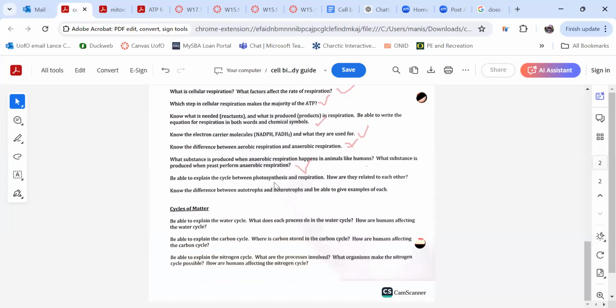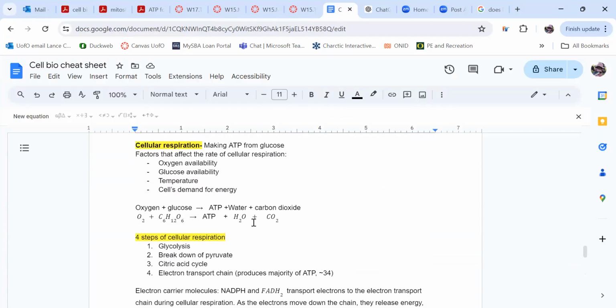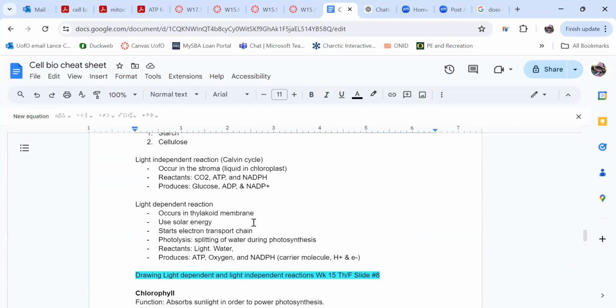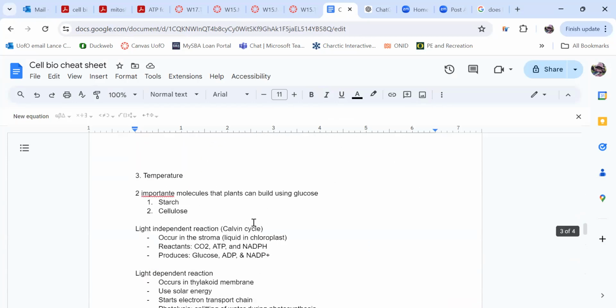Be able to explain the cycle between photosynthesis and respiration. How are they related to each other? So let's say respiration here, I've got photosynthesis here.